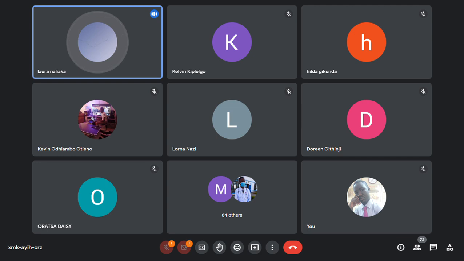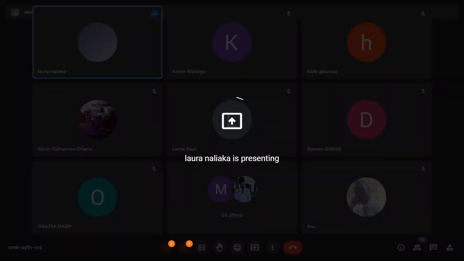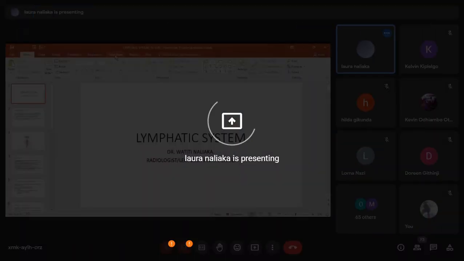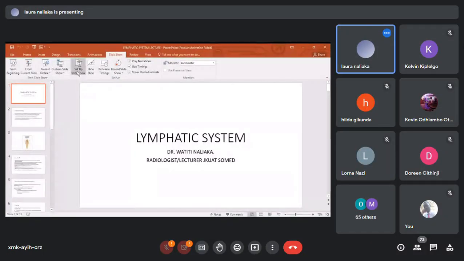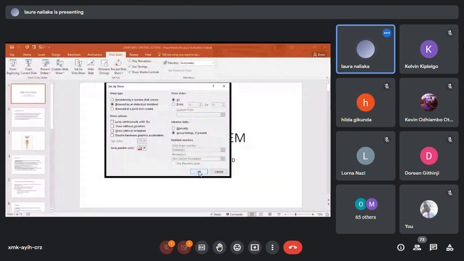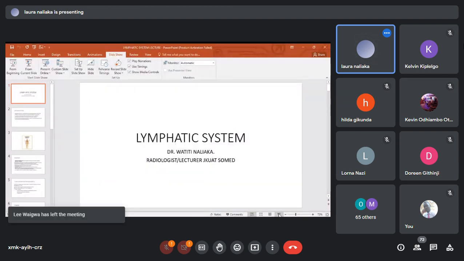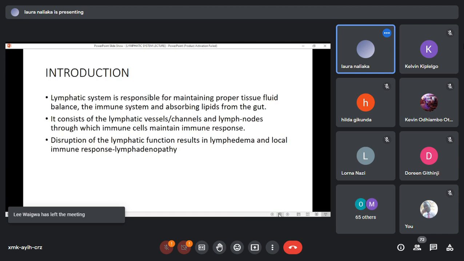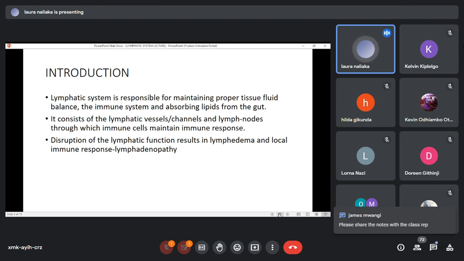The second one is the lymphatic system. So we all know that the lymphatic system is responsible for maintaining proper tissue fluid balance, the immune system, and absorbing lipids from the gut.